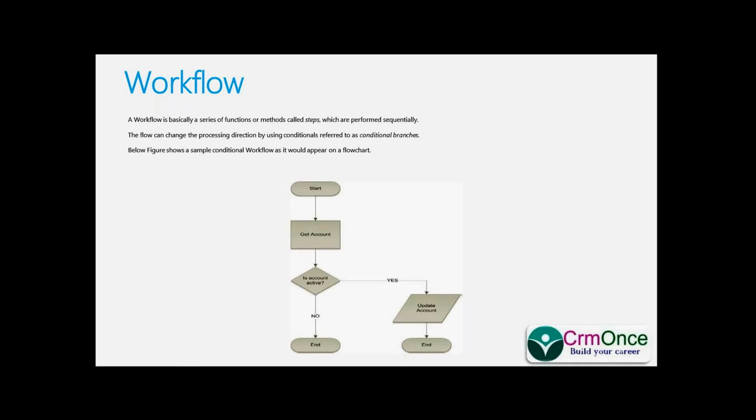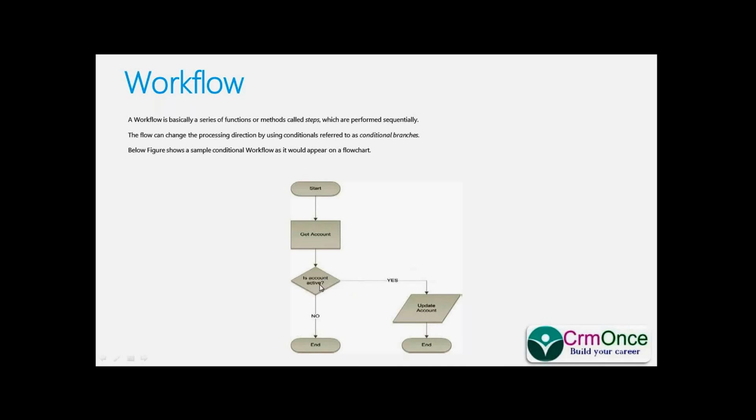The diagram below shows how a conditional workflow flows. For example, it starts and gets the account, and checks whether the account is active or not. If yes, the account is active, then go and update the operation, and here it will end.